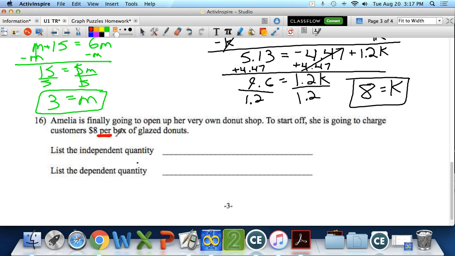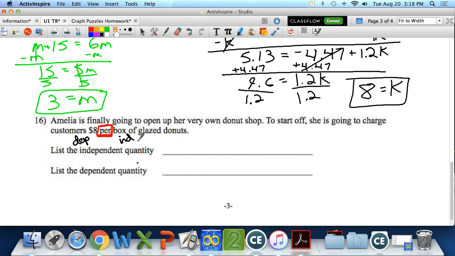We see it all the time. Miles per hour, gallons per minute, okay? $10 per shirt, all sorts of things. And we need to know that it's alphabetical order. Before the word per is always our dependent. After the word per is always our independent, our dictating quality, okay?